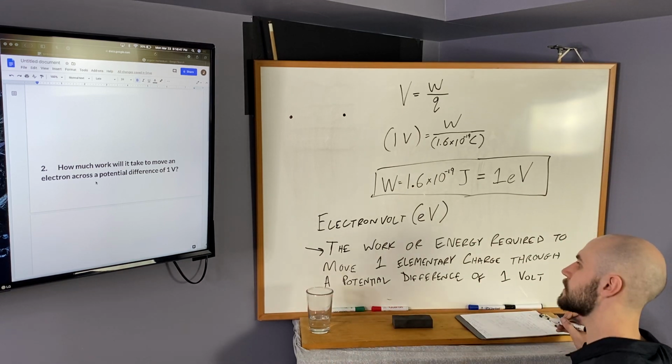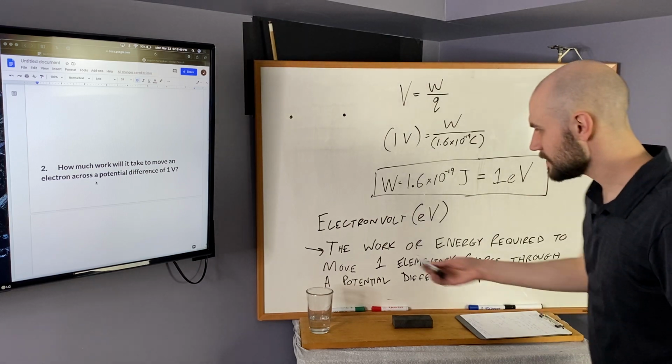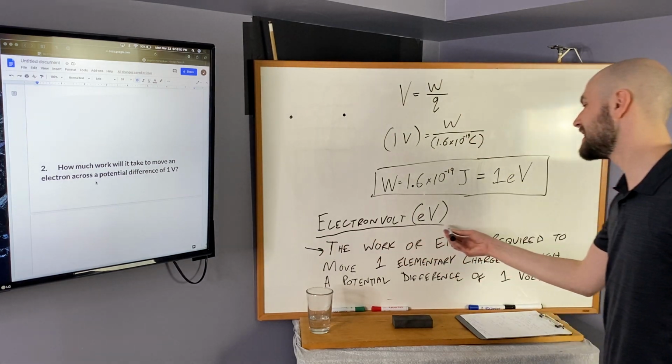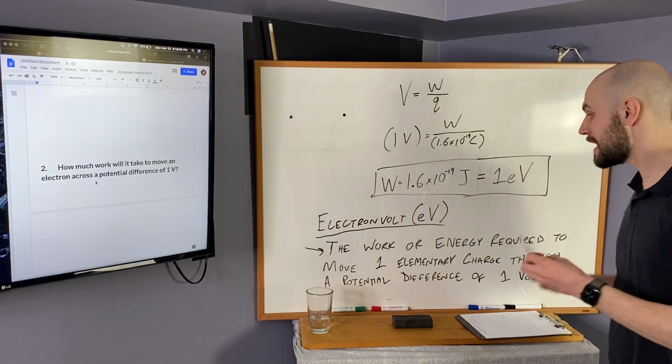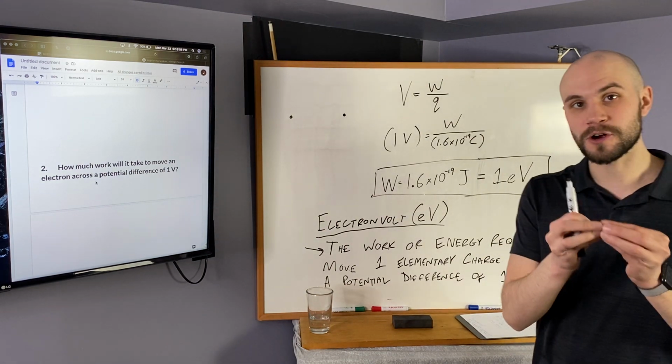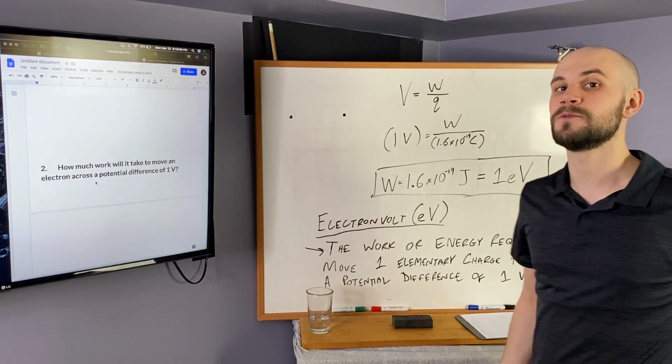Okay. I'm going to say it again because it's very important. An electron volt is a measure of an amount of energy. The amount of energy required to move 1 elementary charge through a potential difference of 1 volt.